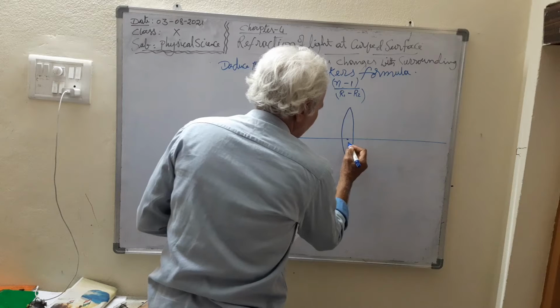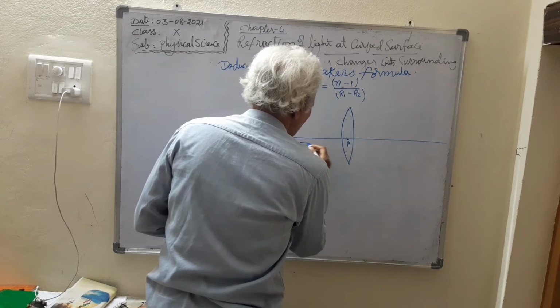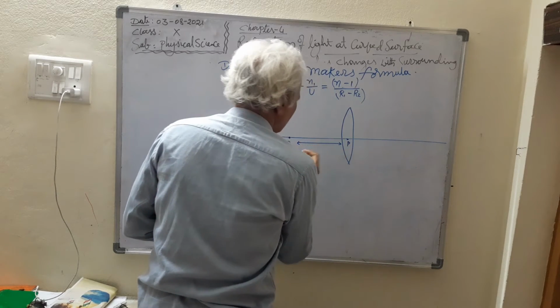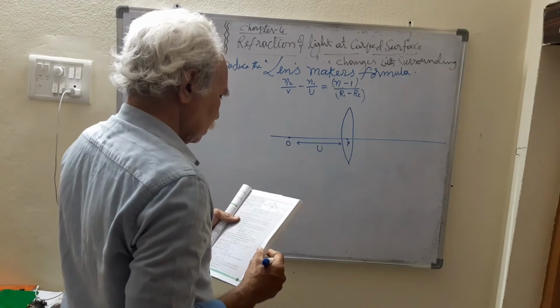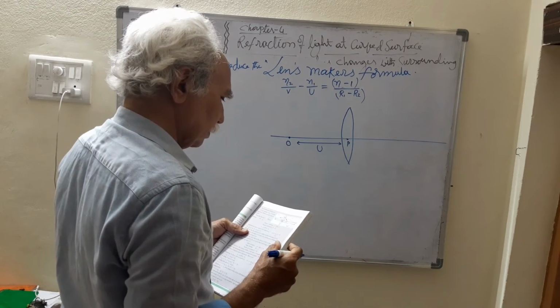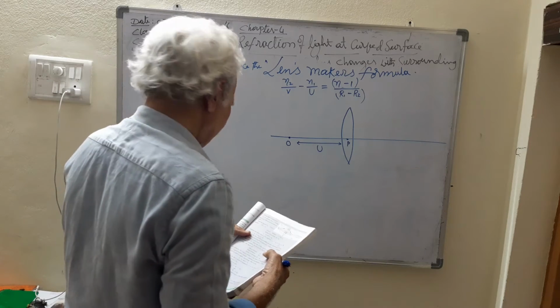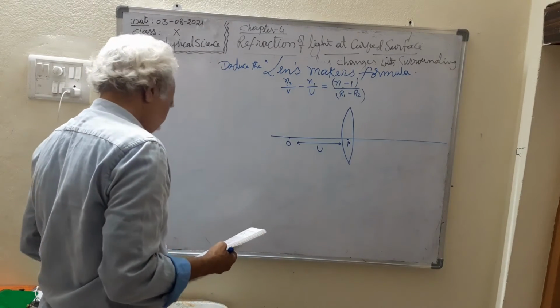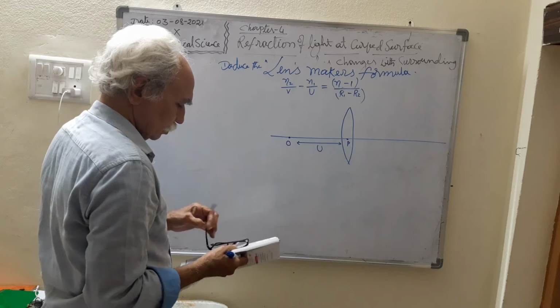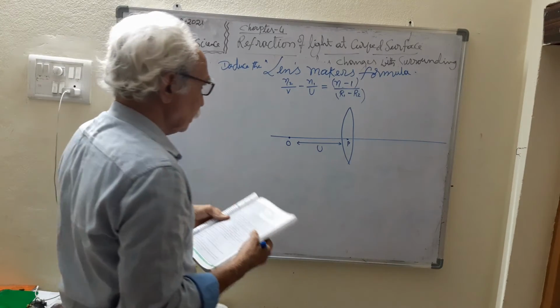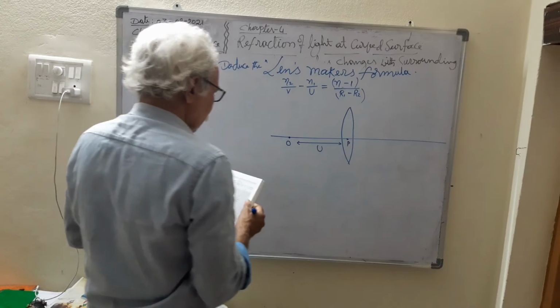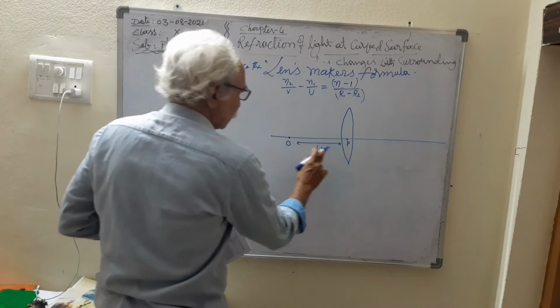The distance from the optic center to the object is the distance of the object, taken as u.